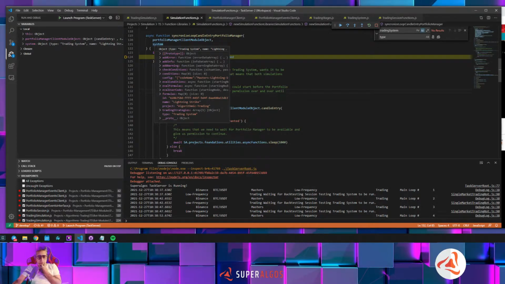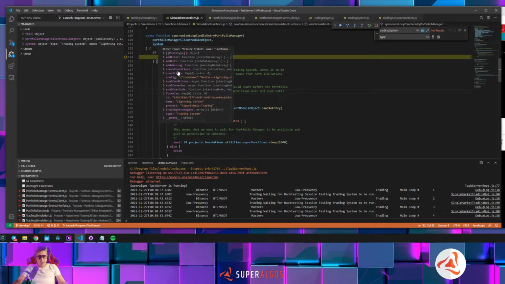It shouldn't be the module, but somehow it is. No, no. It's the trading system where we have added this stuff, and I don't really remember why we did it this way.